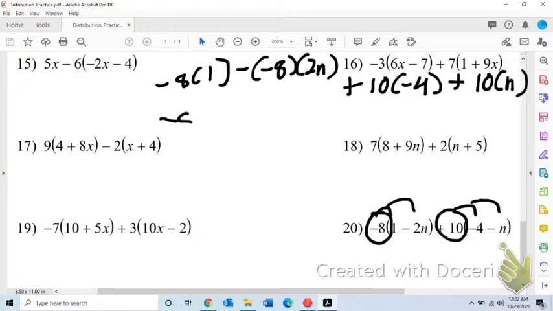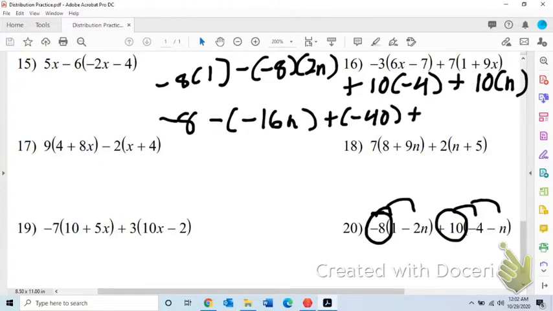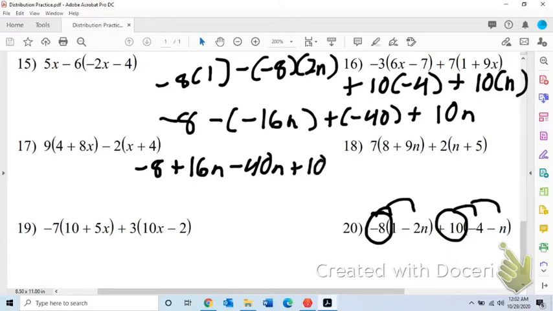So that gives me a negative 8 minus a negative 16n plus a negative 40 plus 10n. Do the multiplication, we get negative 8 plus 16n, minus 40 plus 10n. Rewrite it with everything together.